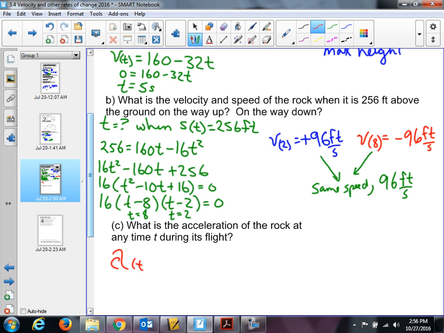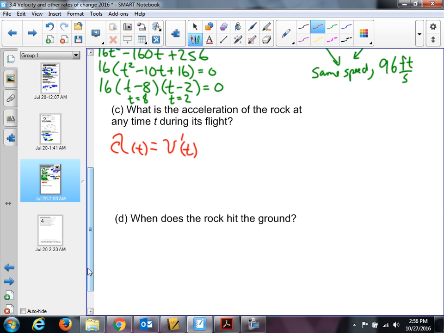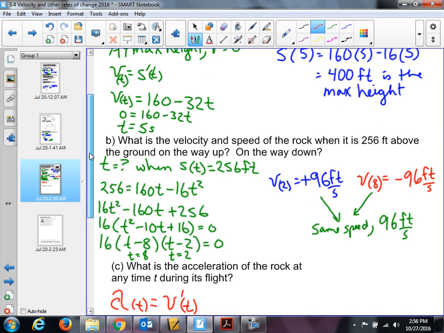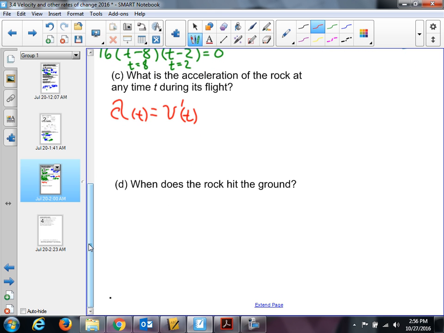Acceleration at any time is equal to dv by dt, which in this case is 160 minus 32t. It's minus 32. If you're in physics, you might know what the units are.